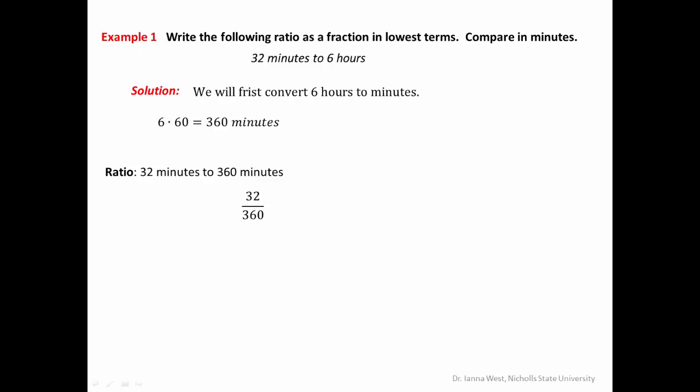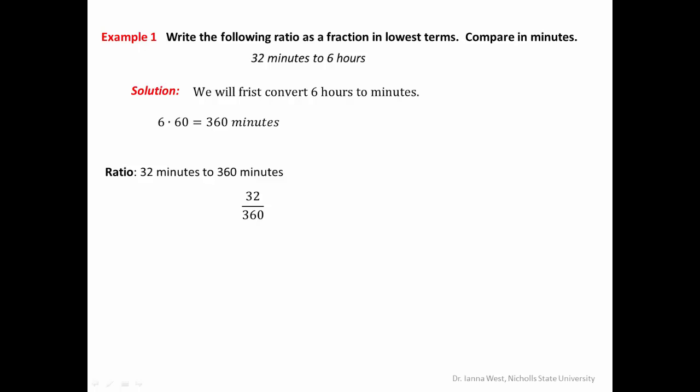Notice that both the numerator and the denominator are even, therefore 2 will divide evenly into both numbers. However, we would then have to reduce it again. So by observation or by using prime factorization, we would find that 8 is the greatest common factor of both of these numbers.